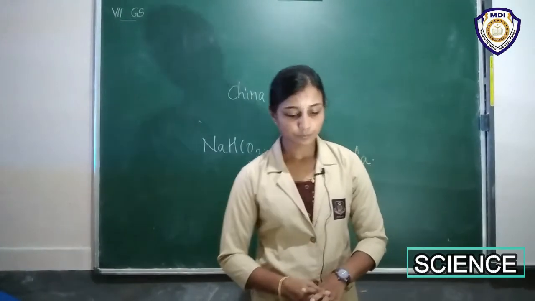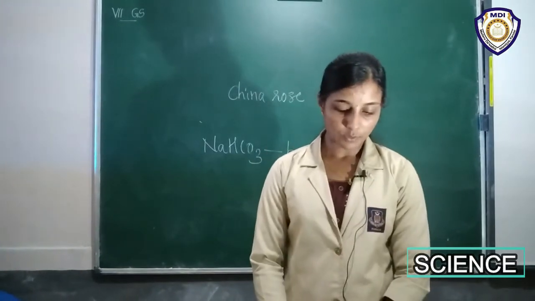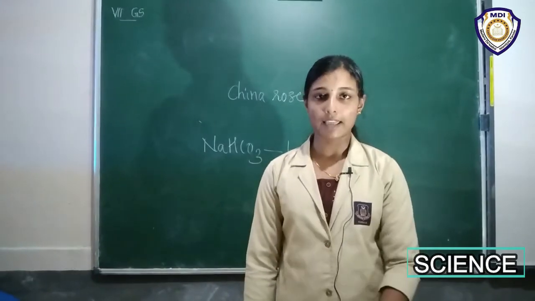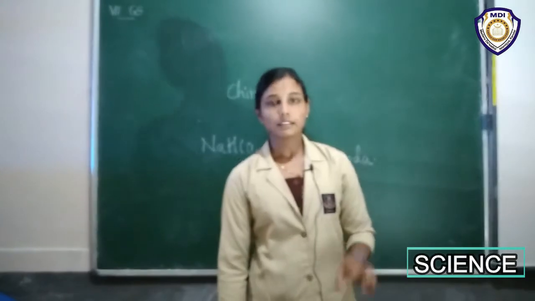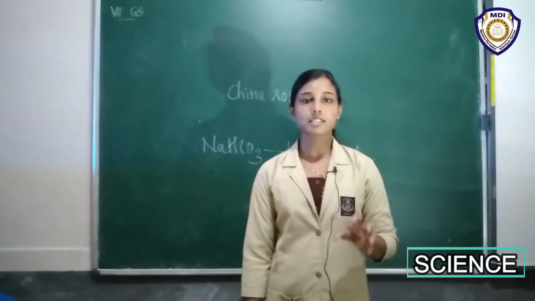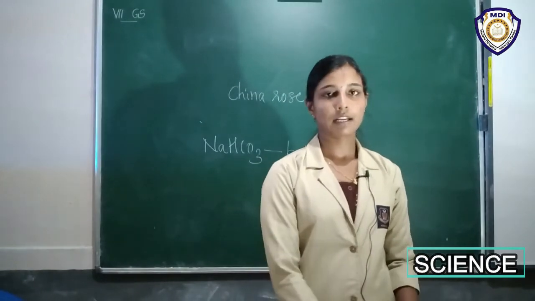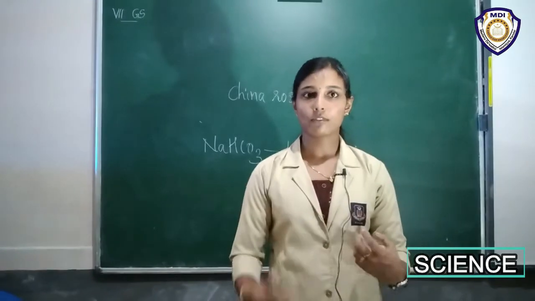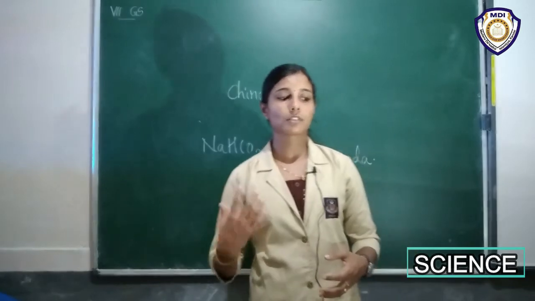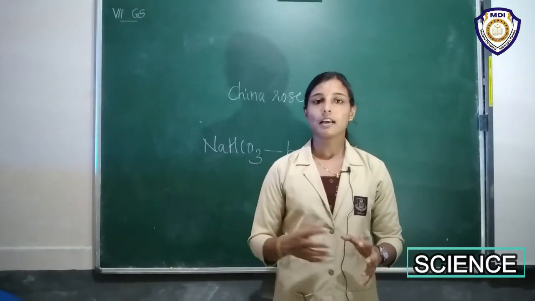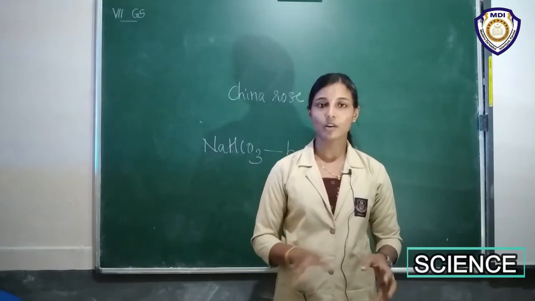Okay, so dilute hydrochloric acid's effect on litmus paper: we know that with hydrochloric acid the blue litmus will change its color into red, right? I couldn't bring the litmus paper right now, which means these experiments we cannot do now.